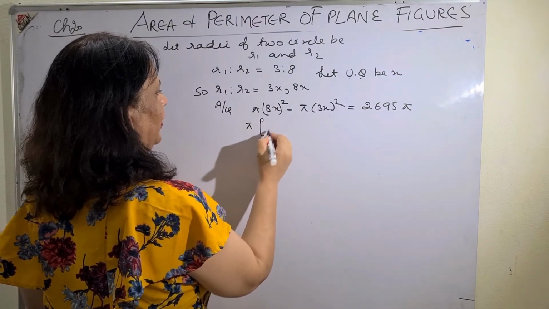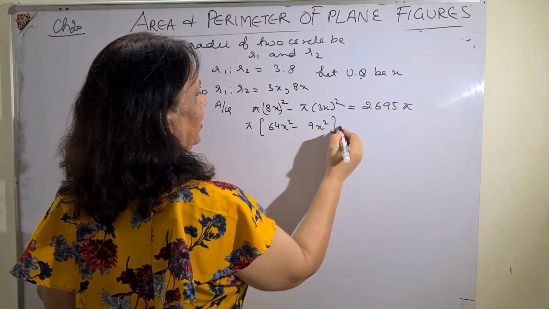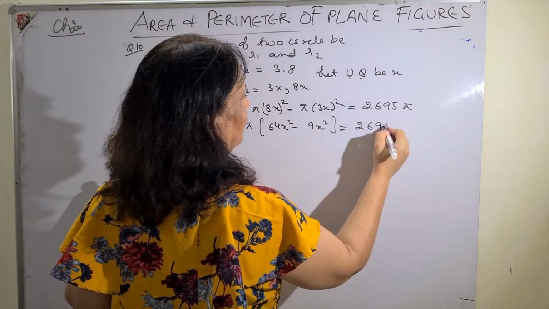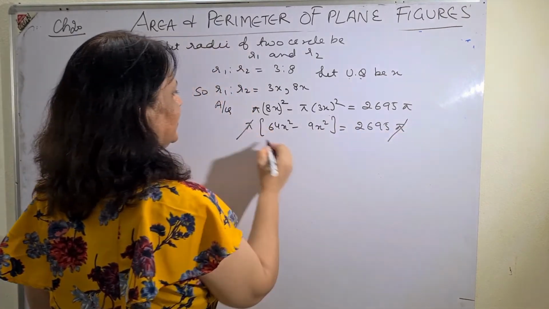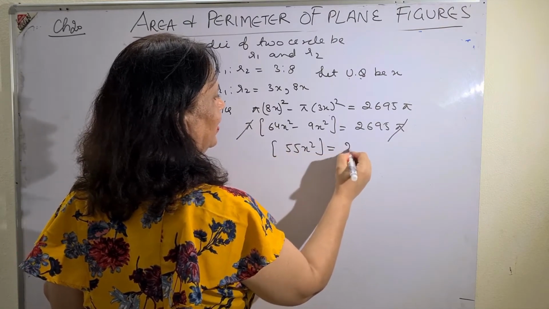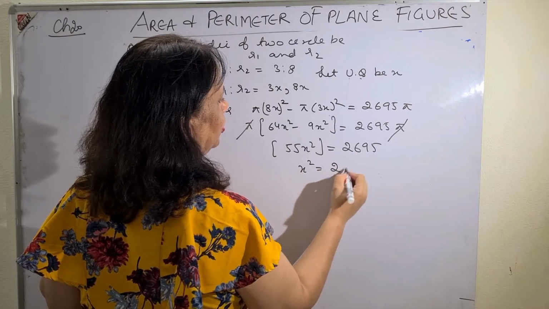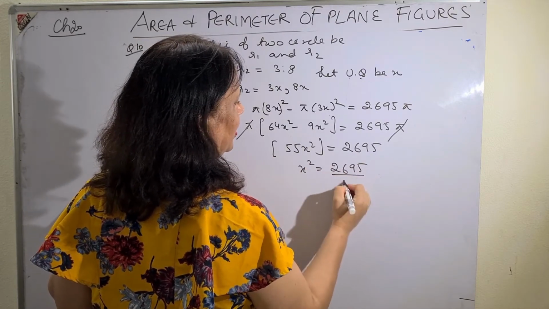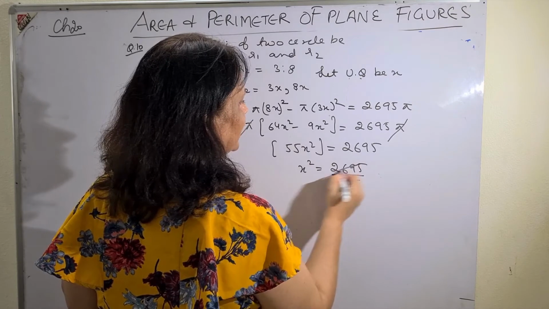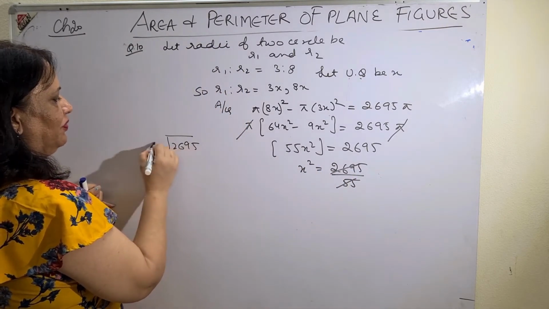You take pi common. 64x square minus 9x square is equal to 2695 pi. Pi cancels and you are left with 55x square, so x square is equal to 2695 upon 55.